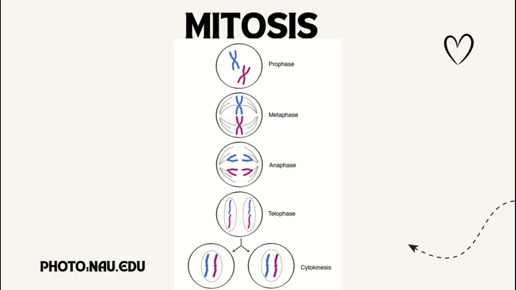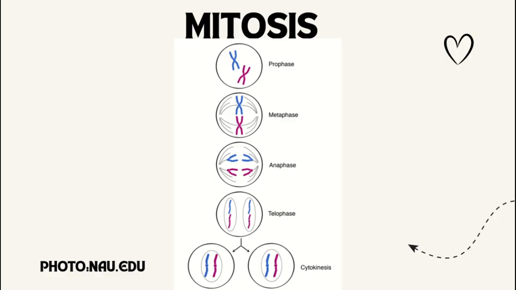But even before we talk about these stages, we have to talk about what happens before. We're not going into too much detail, but we're just going to brush over it. Interphase. So interphase is that preparatory stage that the cell is in before it starts to divide. The cell spends way longer in interphase than it actually spends in the actual mitosis process, right?